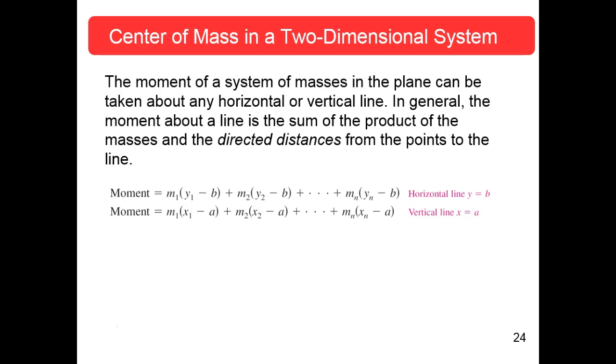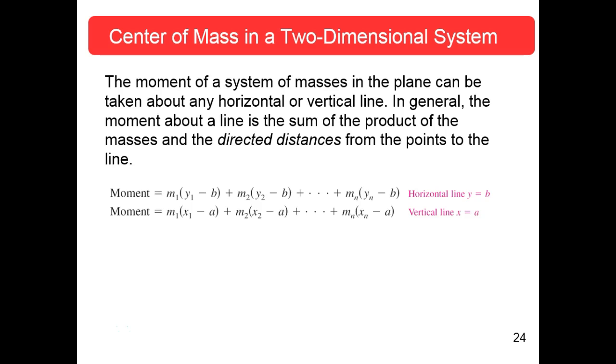The moment of a system of masses in a plane can be taken about any horizontal or vertical line. In general, the moment about a line is the sum of the products of the masses and the directed distances from that line. This is getting a little further out.